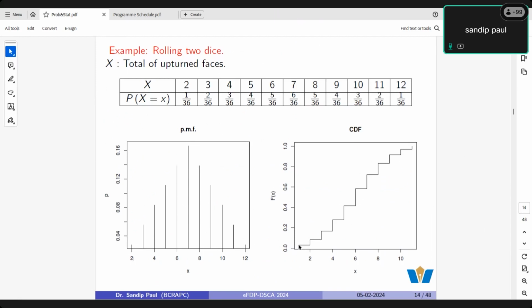That's why the second graph is showing 0. But at 2 it is 1 by 36. Now at 3 it will be increased, and it will be 1 by 36 plus 2 by 36, and so on. And finally, if we add all the probabilities at different points, it equals 1.